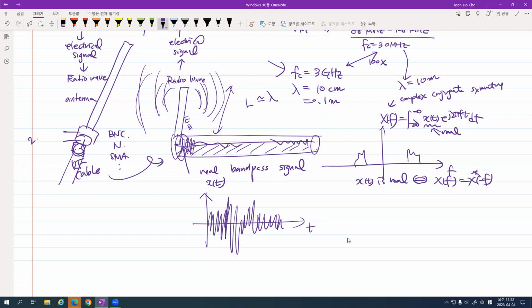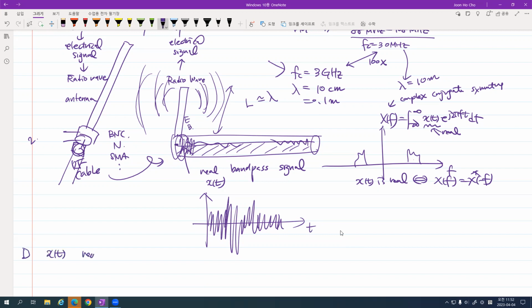Each antenna has its own corresponding real valued bandpass signal. This is very, very important, okay? For each antenna, you have a real valued bandpass signal.